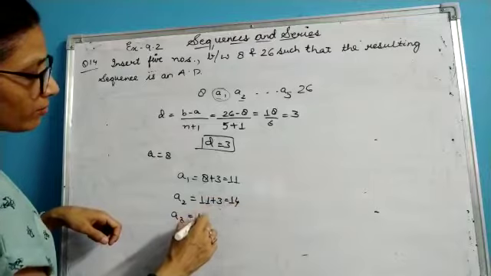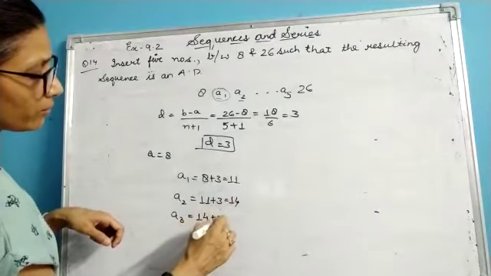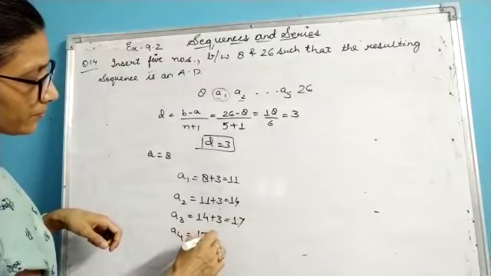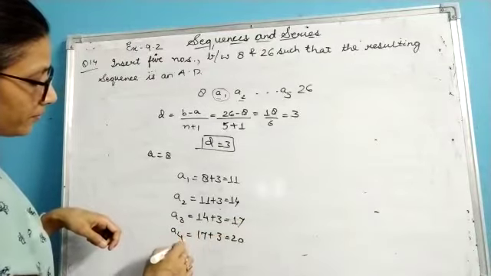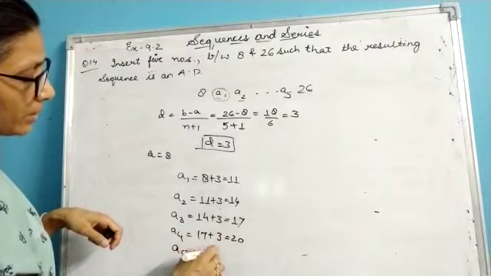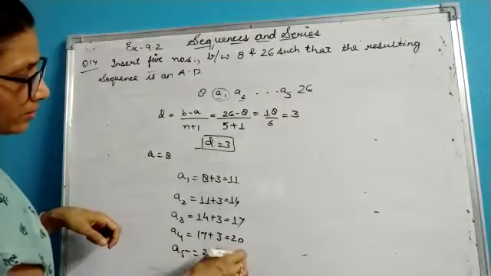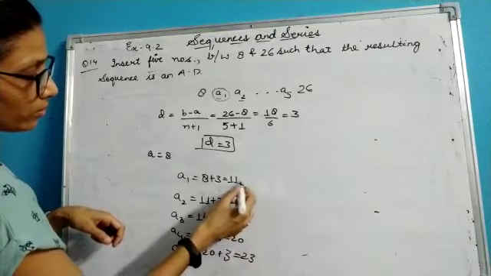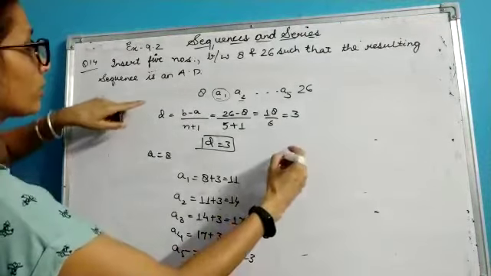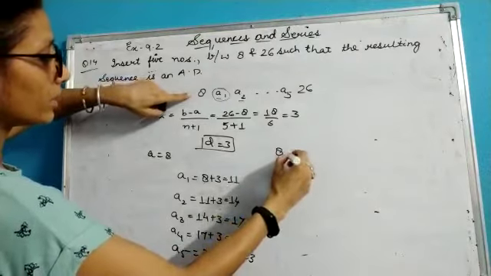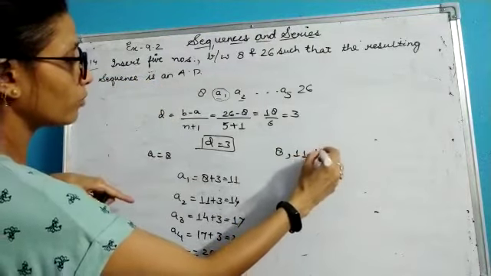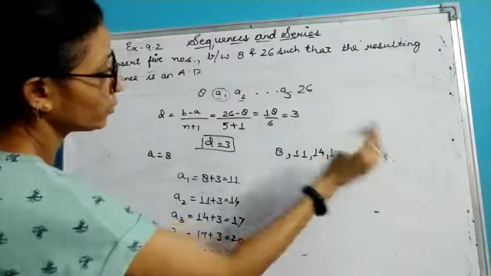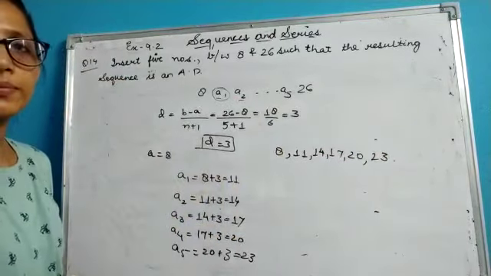Similarly, I can find all the 5 terms: 17, 20, and 23. That means your sequence becomes 8, 11, 14, 17, 20 and 23. Have a look.